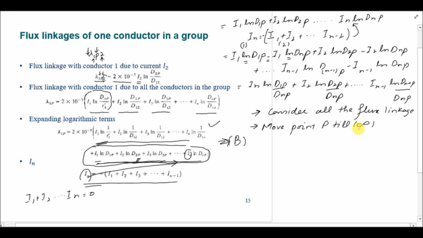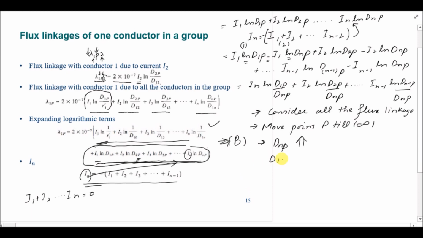When we move point P to infinity, the denominator term dnp will become very large because it has P in it. The P value is now infinity, so the distance from a certain conductor to infinity will be infinity, so dnp will become very large.